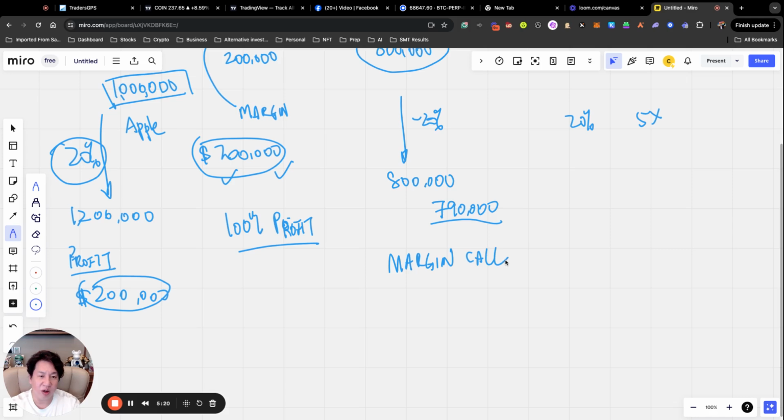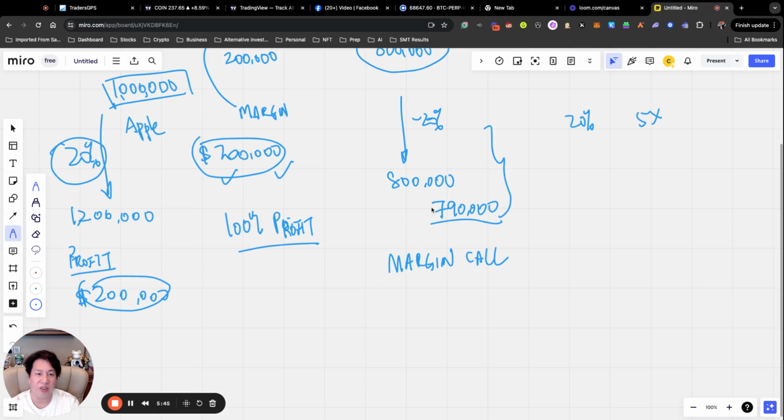So what is a margin call? Basically it tells you that your margin right now is not enough because your unrealized loss is more than 200,000. That's why you get a margin call. Usually there's a short period of time, maybe 1 or 2 days, in which you need to top up your margin back so that it's above the required margin.